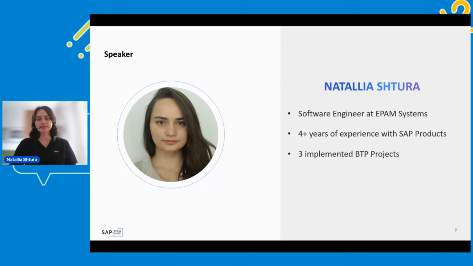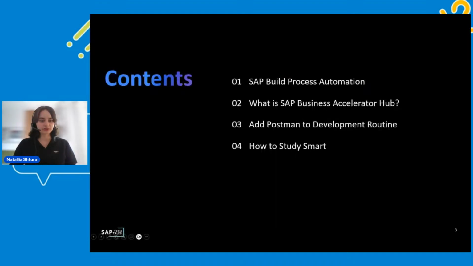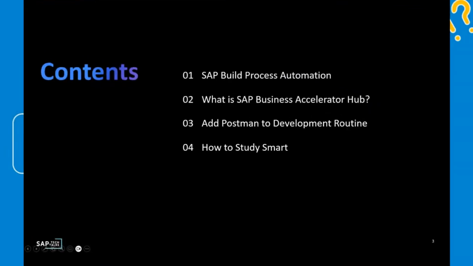And let's take a look at our contents. Firstly, I will show you how SAP Build Process Automation looks like, and I will show you my project, which we will use during this demo.